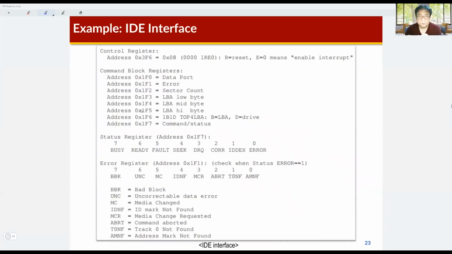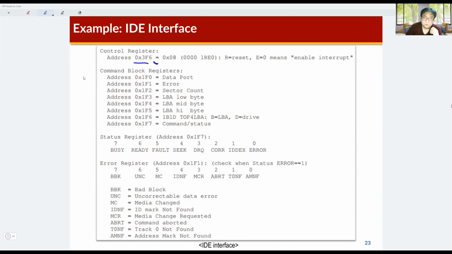Okay. So let's see the example of the IDE interface. It's a very old storage interface. It's called IDE. You can find some registers here. There is a control register, then you can find the address here, and how the register can be controlled by the contents of these registers.